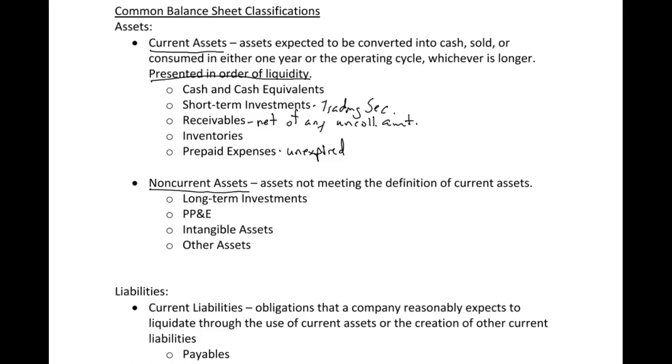This is basically bonds and stocks that we as a company buy and invest in other companies, right? Property, plant, and equipment is shown at book value, which is equal to the historical cost less accumulated depreciation. So it's net of the contra asset accumulated depreciation.